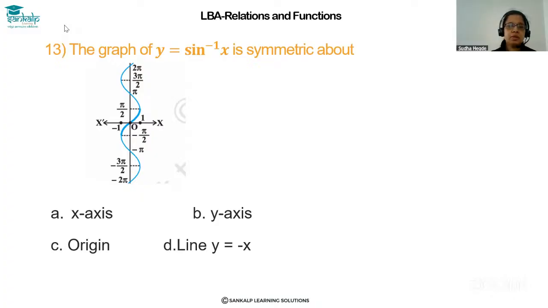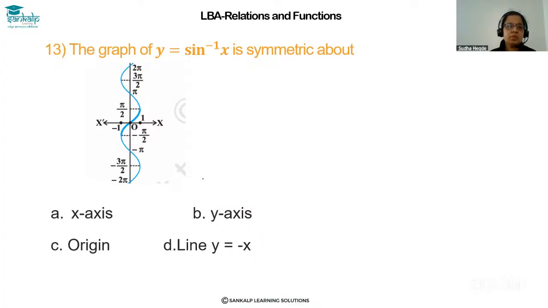Hi students, the question is the graph of y is equal to sine inverse x is symmetric about: option A, x-axis, option B, y-axis, option C, origin, option D, line y is equal to minus x.